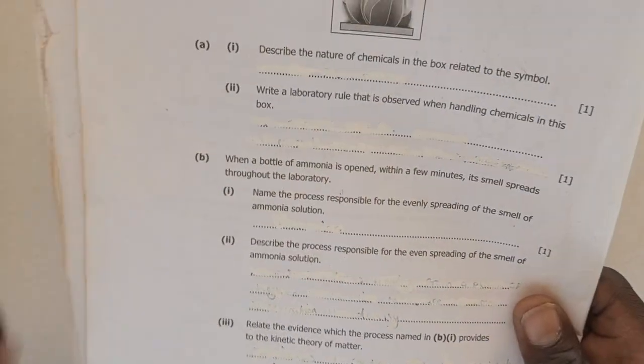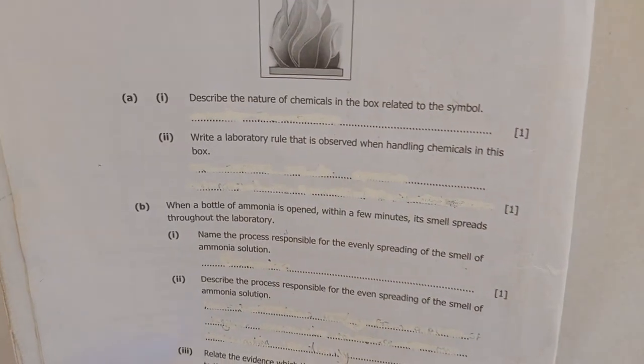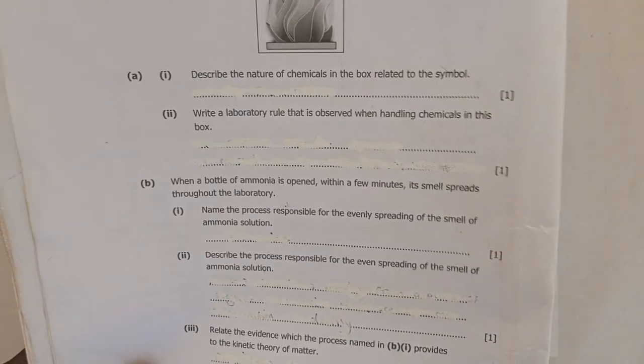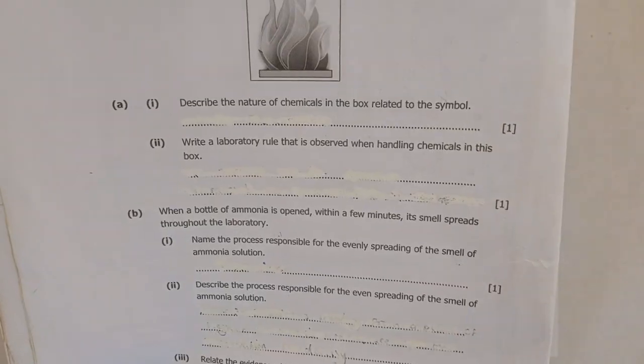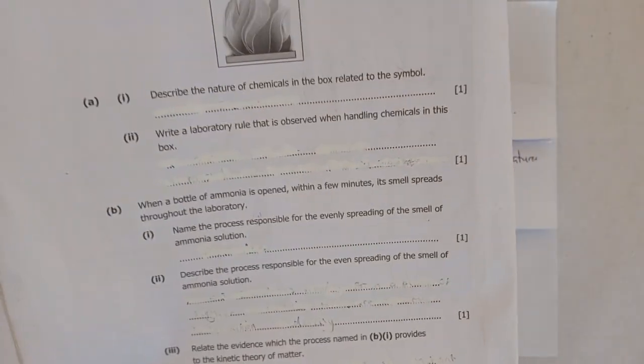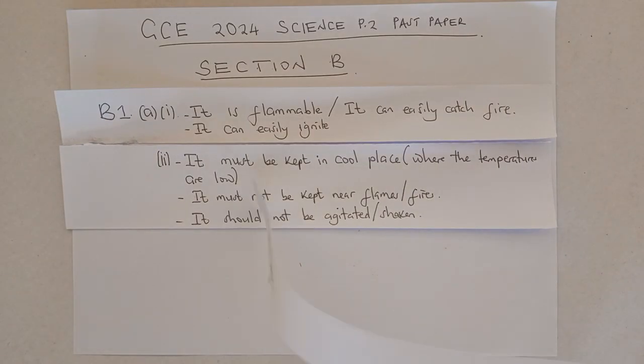So all those that are doing chemistry and have encountered ammonia in the laboratory will realize that ammonia has a pungent, choking smell, and once it is opened, the smell is distributed throughout the room. And the process by which it is distributed is referred to as diffusion. So the answer there is diffusion.